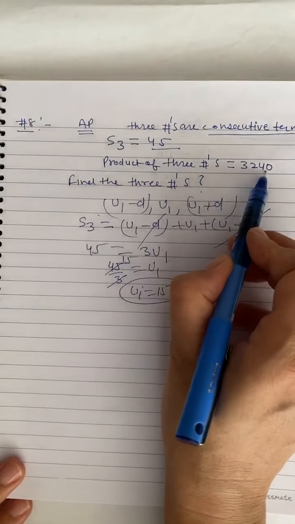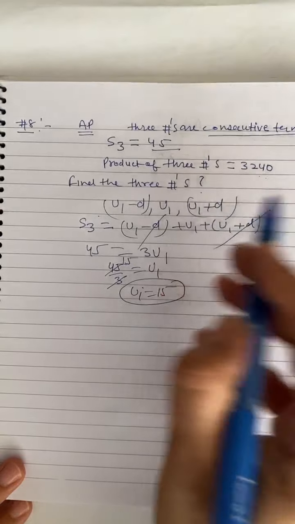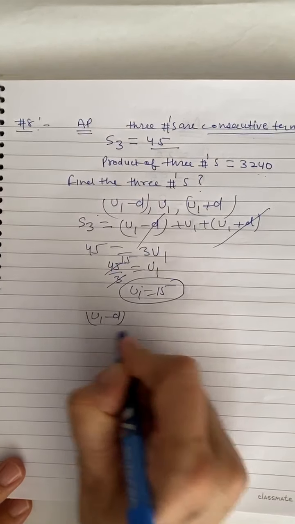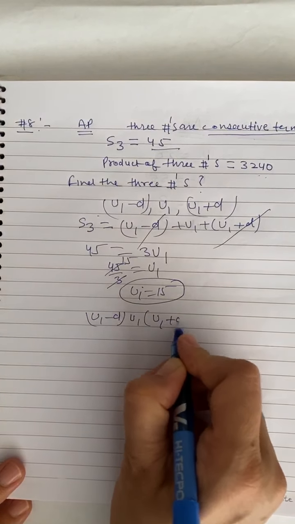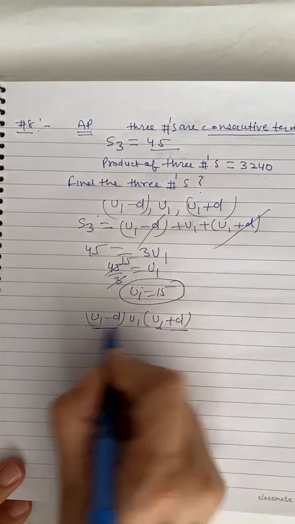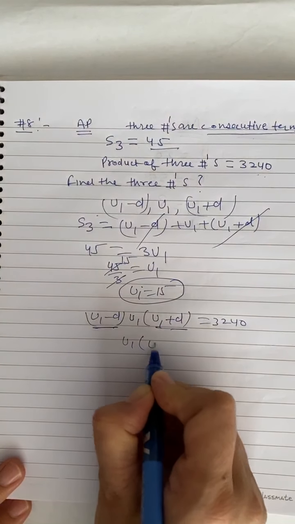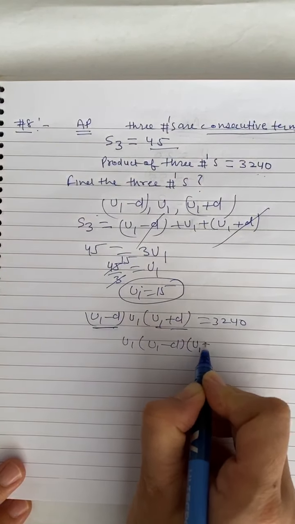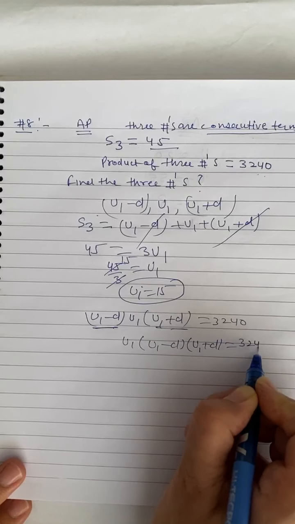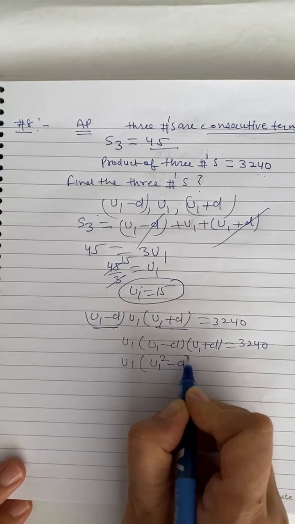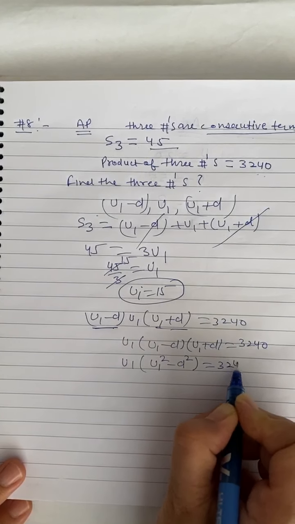Now the product of three numbers is 3240. When we do the product, u1 minus d, u1 and u1 plus d, because it's a product, the order doesn't matter, I can rearrange them. So (u1 minus d)(u1 plus d) is equal to 3240, and then you will get u1 squared minus d squared is equal to 3240.